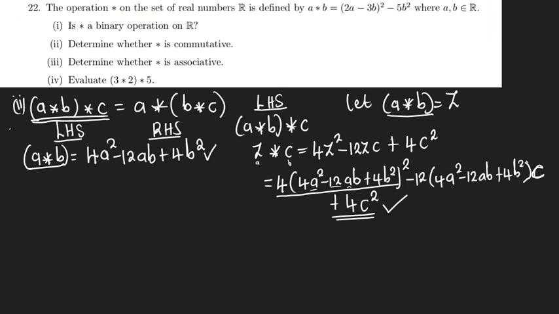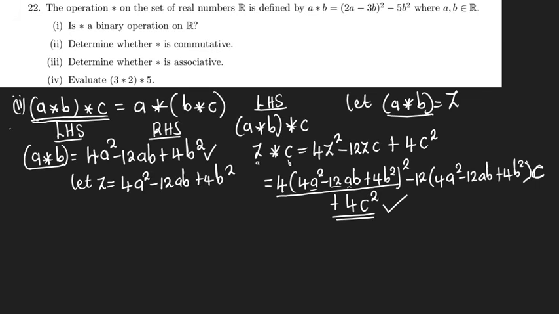Okay, so we can say the equation we're using is this one. So we can say let Z equal to 4A power 2. This is a complicated expression already, so let's try to simplify it. Then 12AB plus 4B power 2.